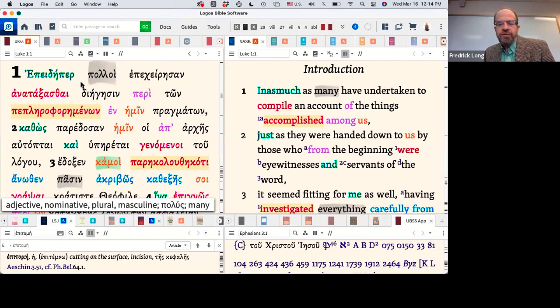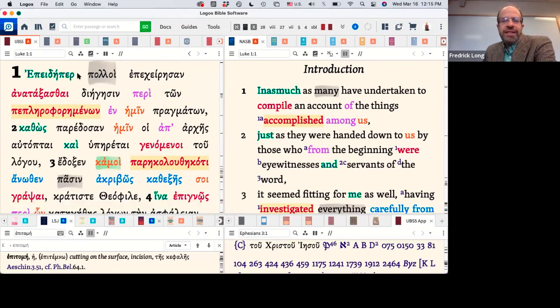One of the benefits is that if you start encountering words that have a lesser frequency, you're getting into a choice the author is making to choose one word as opposed to a more common word. Now, when I look at epeideper, I would say this is a jacked up conjunction. I call it jacked up. It's not common. You're not going to learn this one in beginning Greek 1 and 2, typically.